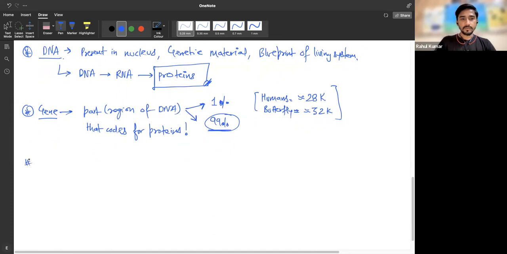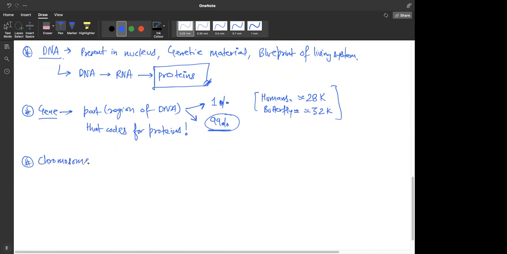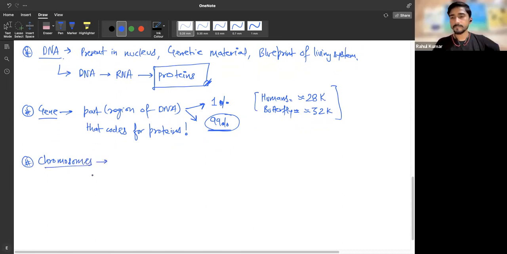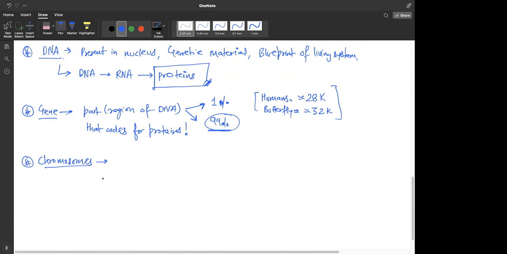Now you already know what chromosomes are. It is condensed form. Yes, Arpit. Chromosomes are the thread-like structures which are present in the nucleus of the cell. Each chromosome is made up of DNA coiled several times, and each human cell generally contains 23 pairs of chromosomes.